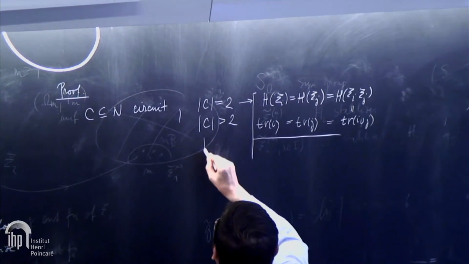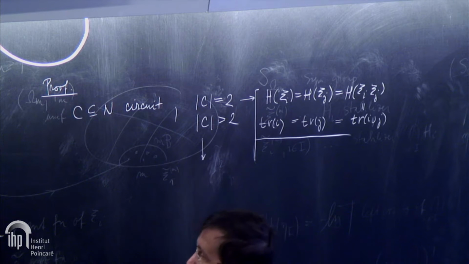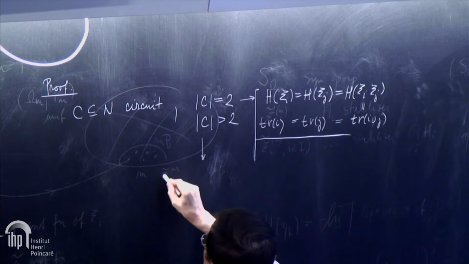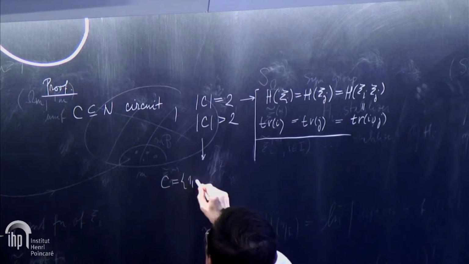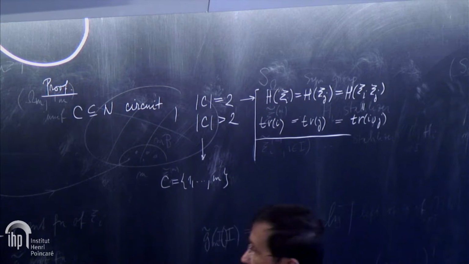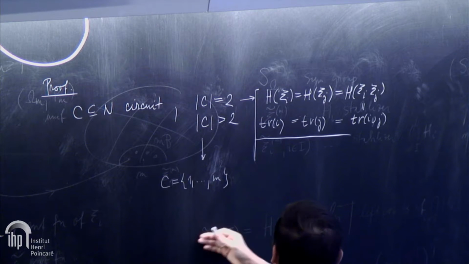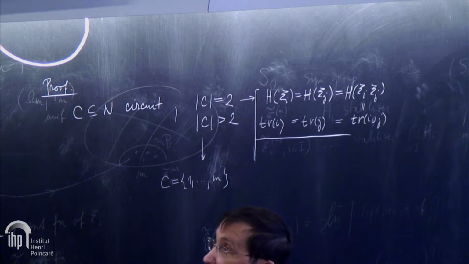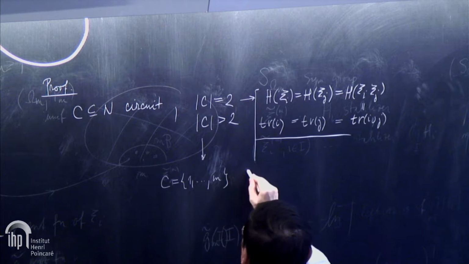And for the second case, maybe the circuit is very simple, from 1 till m, where m is at least 3.